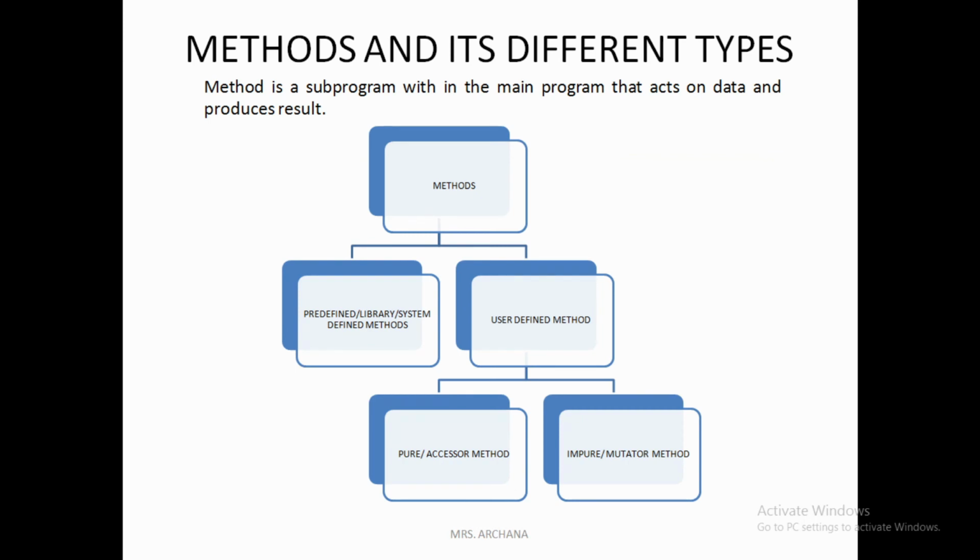Methods can be differentiated into two types, that is predefined, system defined, or we can call it library defined method, and another one is user defined method. User defined method can further be classified into pure or accessor method, and impure or mutator method.